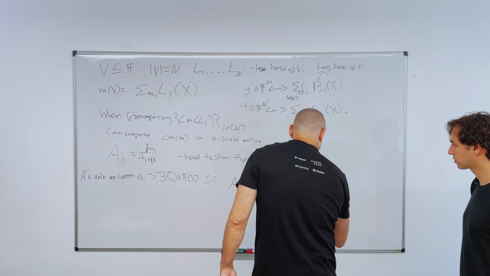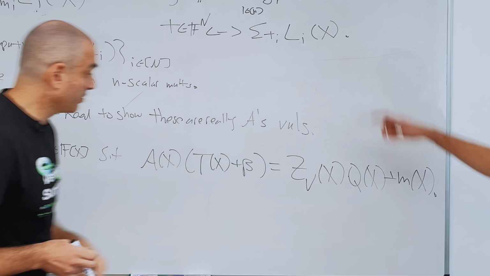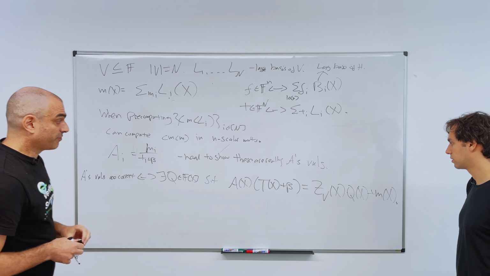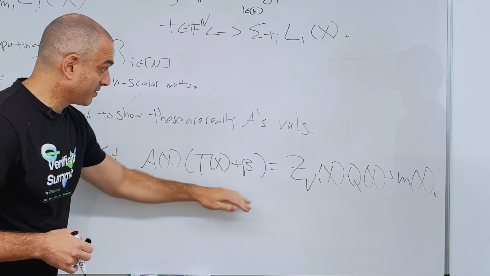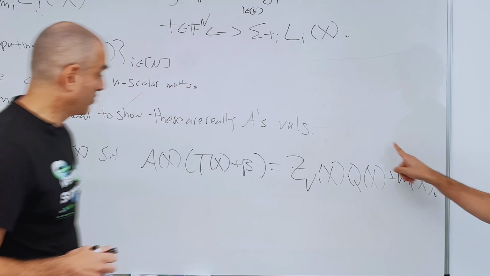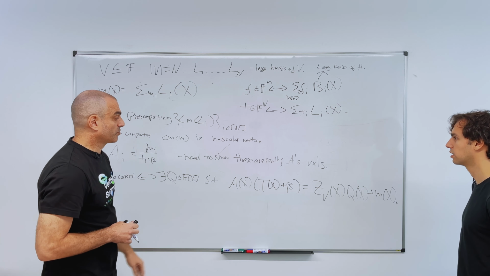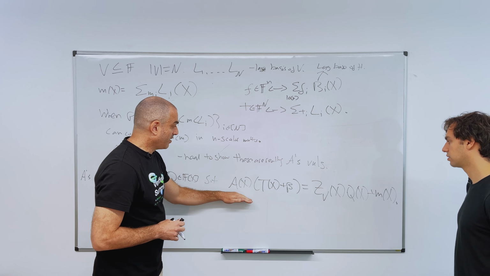We know that if such a Q exists, then whenever we plug in something from V, where Z_V is the polynomial that vanishes on V, we're going to have that A times (T plus beta) equals m. Because the Z_V term goes to 0 when we plug in something from V. Or equivalently, A is equal to m divided by T plus beta, which is what we want to show.